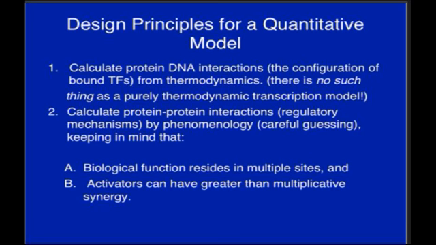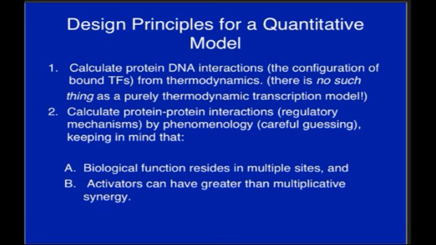Now, we also want to make a quantitative model of this control process. And so there are 2 design principles, which essentially amount to: if you actually have scientific knowledge of what's going on, use it, and if you don't, guess. The one thing that's reasonably well understood is protein-DNA interactions.